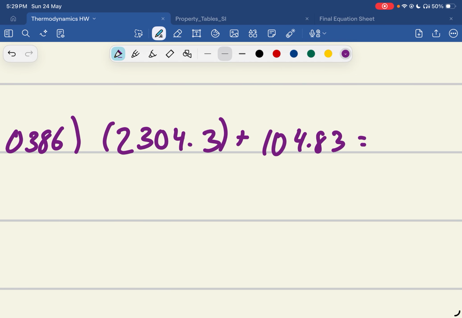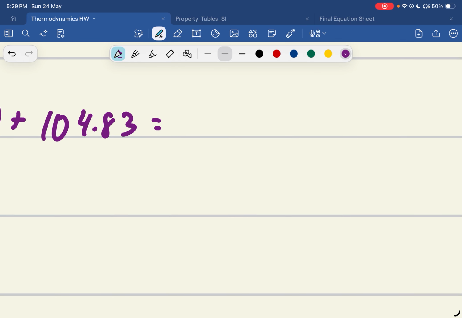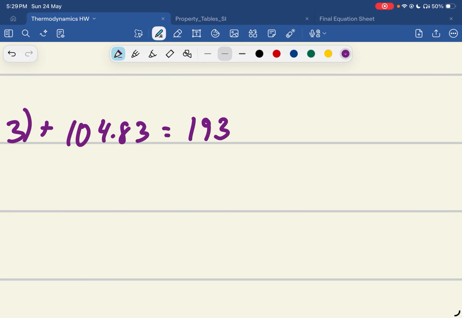And, okay, so now let's calculate this. Yeah, so you should get 193.78 kilojoules per kilogram.